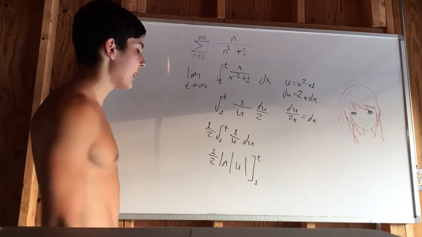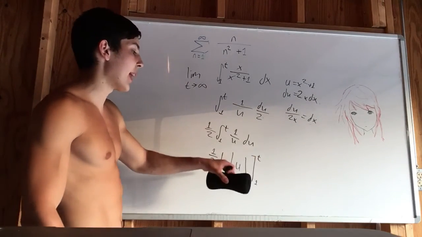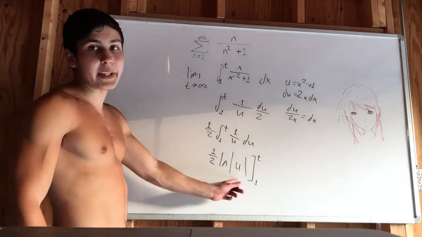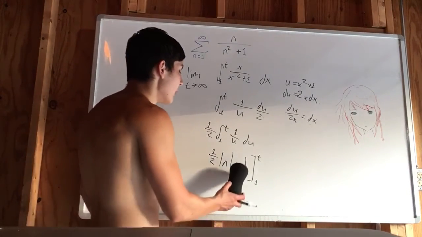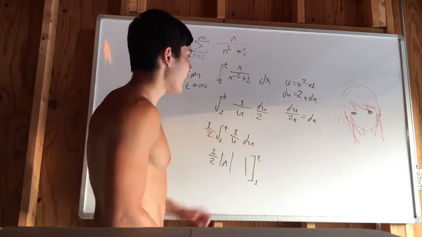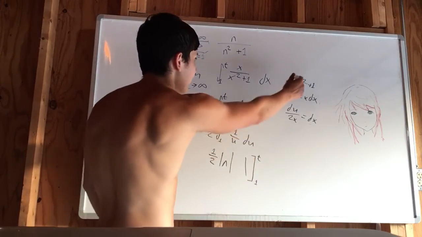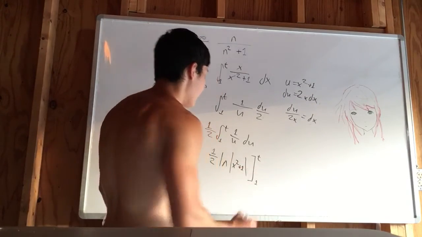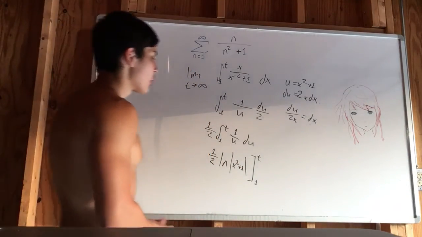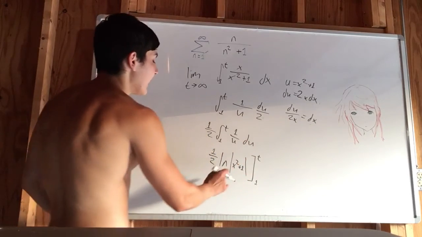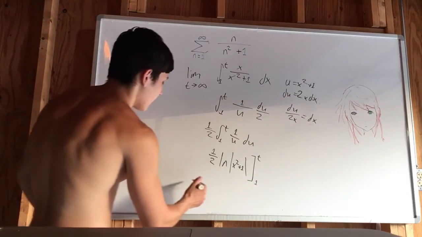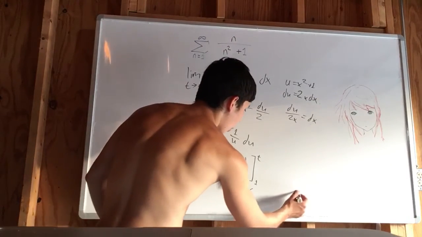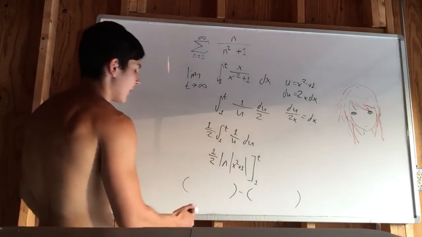The way we evaluate this is by plugging in the upper bound and subtracting from the lower bound. But remember, we made a u sub, so we have to undo that u sub after we do our evaluation. So u is x squared plus 1. x squared plus 1 goes in there. So we take plugging in t, and we subtract plugging in 1 of this same formula.